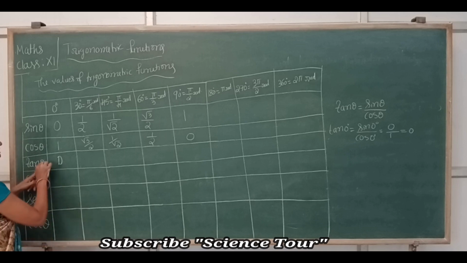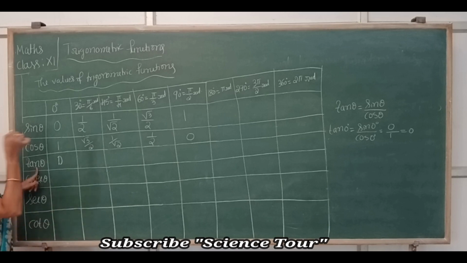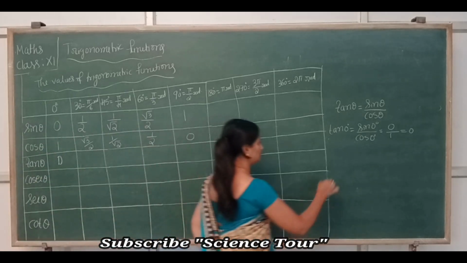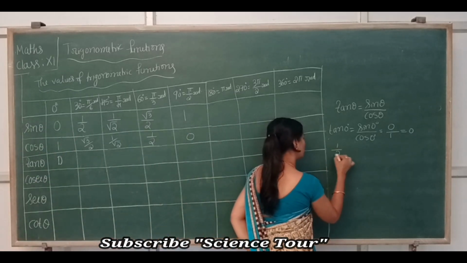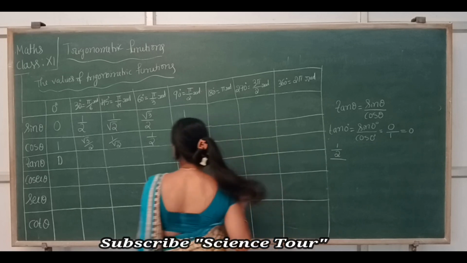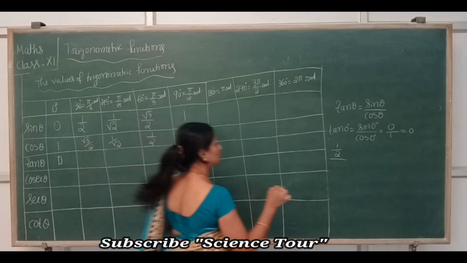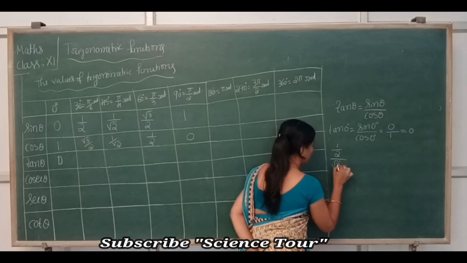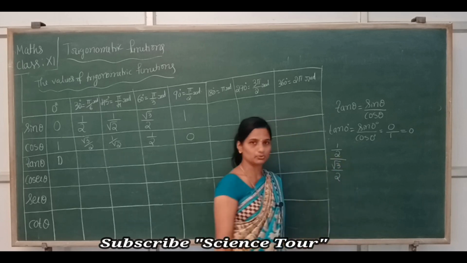Now next I need tan 30 degree. So how to get tan 30 degree? Sin 30 degree divided by cos 30 degree. What is the value of sin 30 degree? 1 by 2. Sin 30 is 1 by 2 divided by cos 30, which is root 3 divided by 2, right?